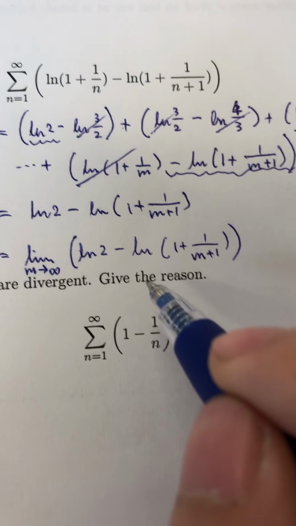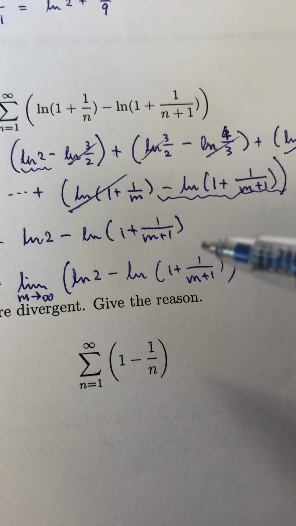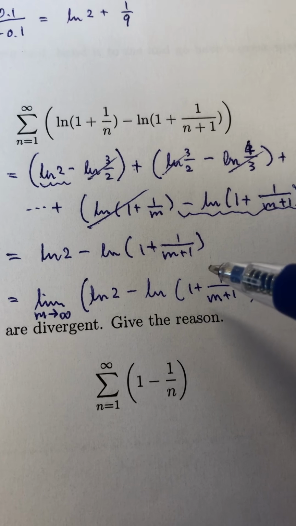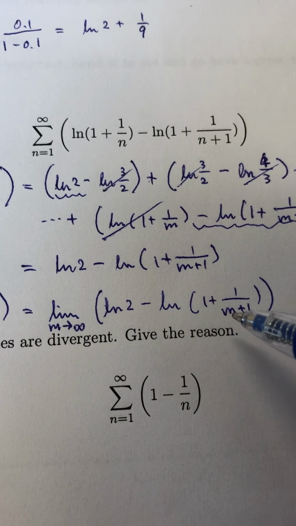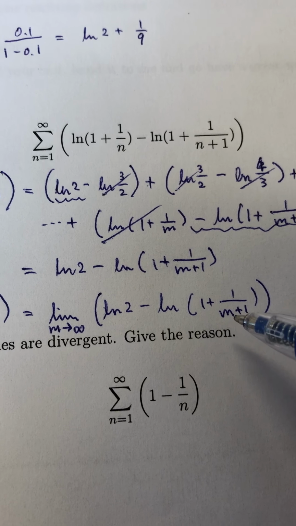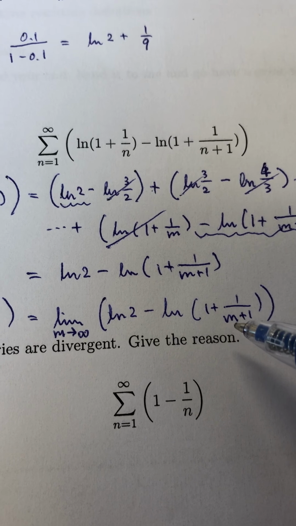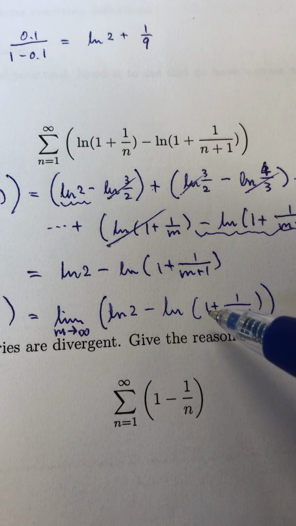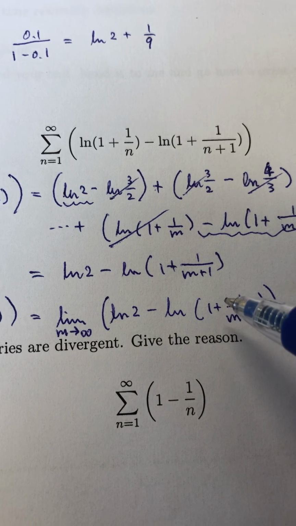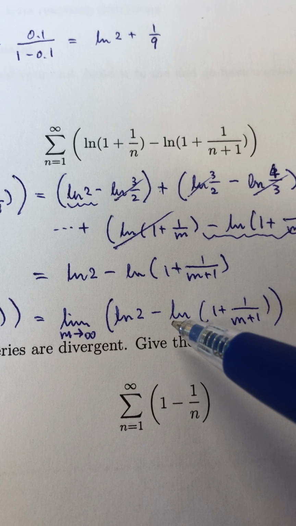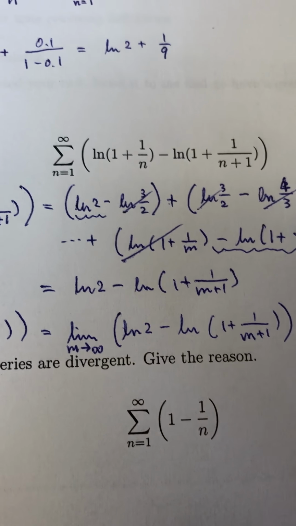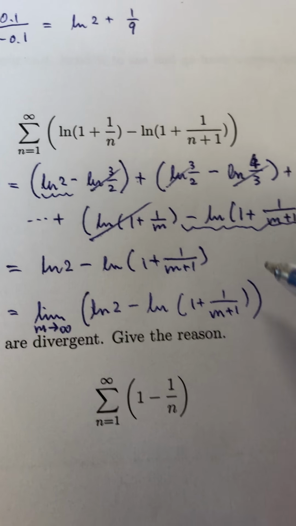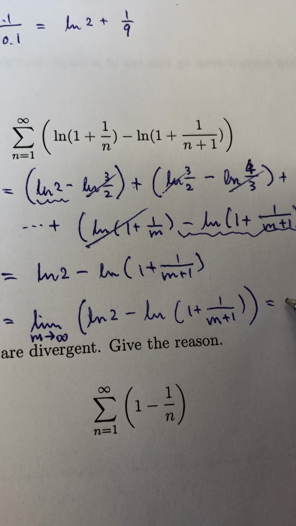Now, how to take this limit? We can try to take the limit inside the parentheses first. The limit of 1 over m plus 1 is 0 when m goes to infinity. And then you add to 1, that is 1. And then you take the log of 1, you get 0. So the limit of the whole expression here is just log of 2.